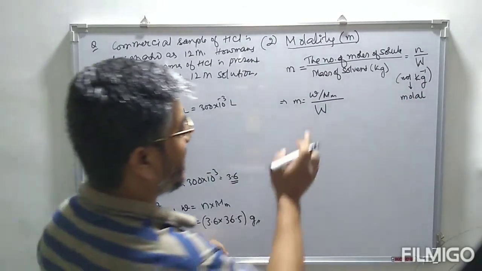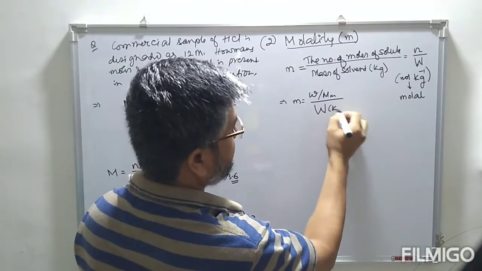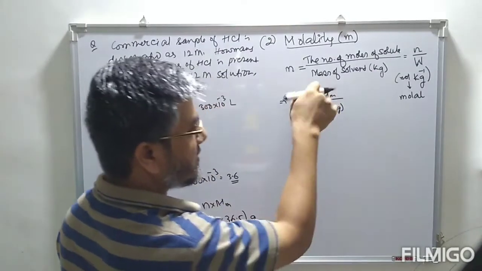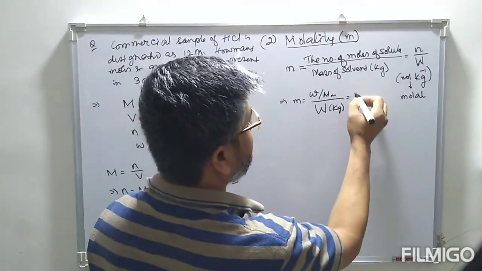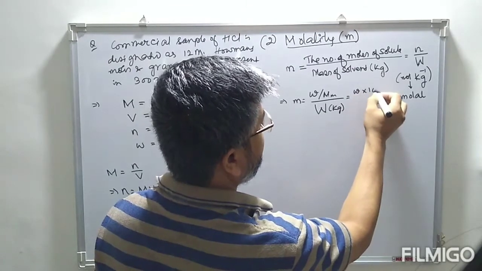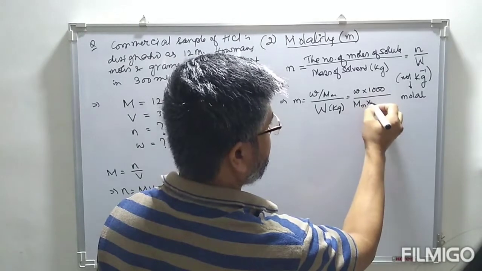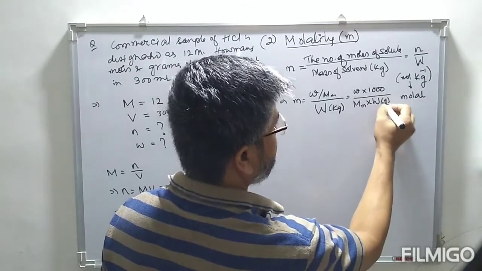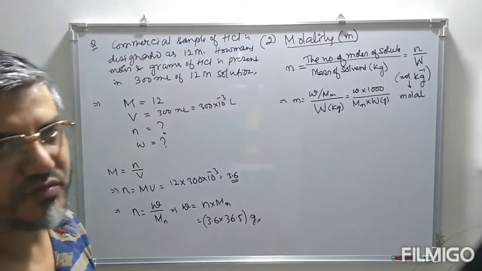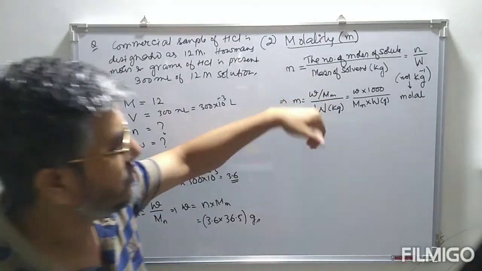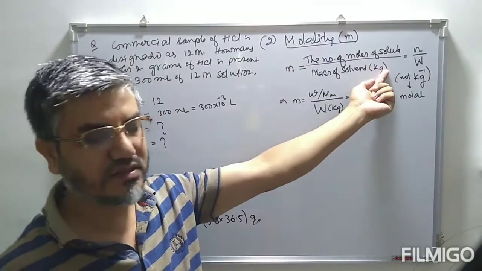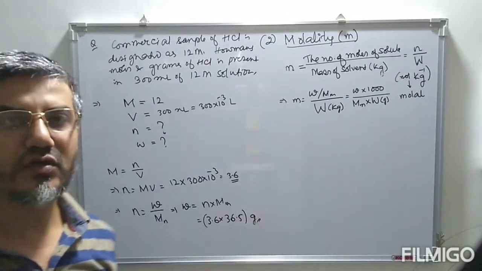But if the mass is taken in gram, this can be written as W into 1000 divided by molar mass of solute into mass of solvent. The definition says this is to be expressed in terms of kilogram unit.